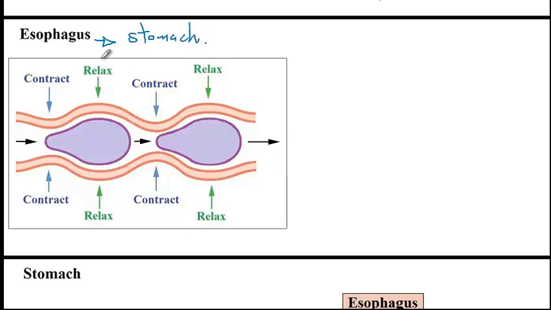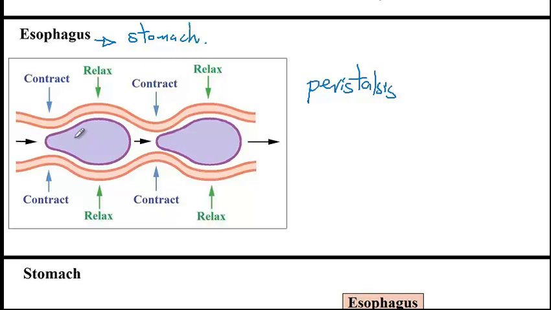And now, because this is a muscular tube, it's not really easy for the food particles just to drop all the way down. And so in order for the food particles to move along the esophagus, they will have to go through the process of peristalsis, which basically consists of waves of relaxation of the circular muscles in front of the food bolus, followed by a wave of contraction behind the food particles.